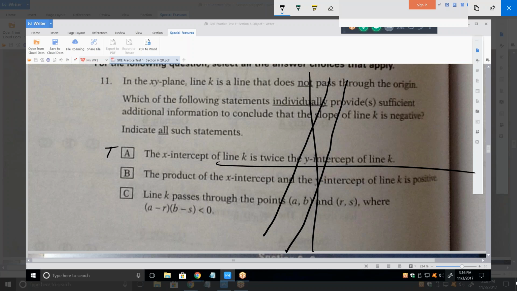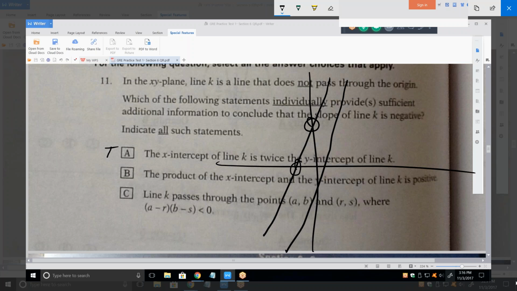Draw that line so that in one case the y-intercept is negative and the x-intercept is positive. In another case, the x-intercept is negative, the y-intercept is positive.